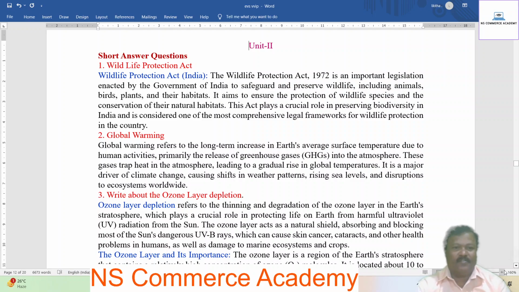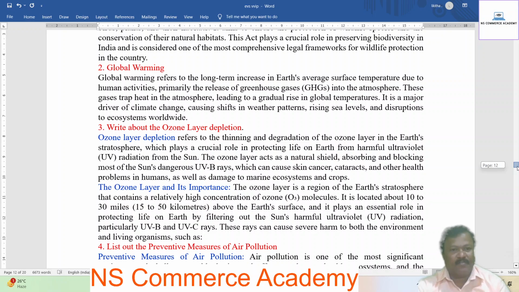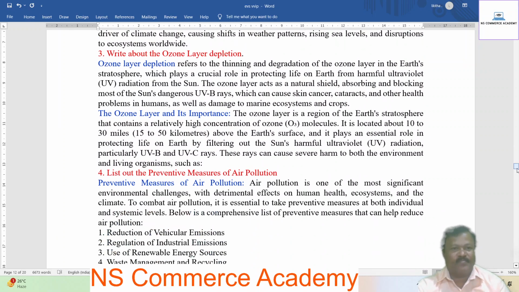These gases trap heat in the atmosphere, leading to a gradual rise in global temperatures. It is a major driver of climate change, causing a shift in weather patterns, rising sea levels, and disruptions to ecosystems worldwide.